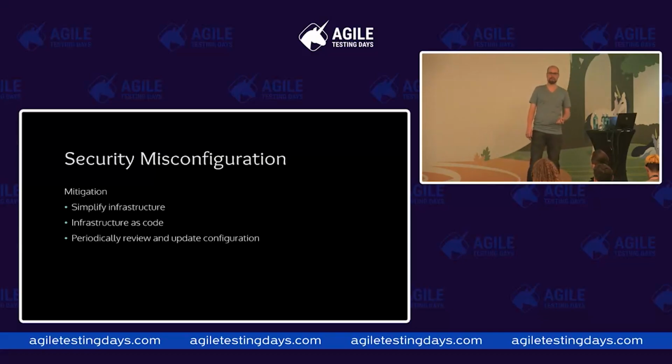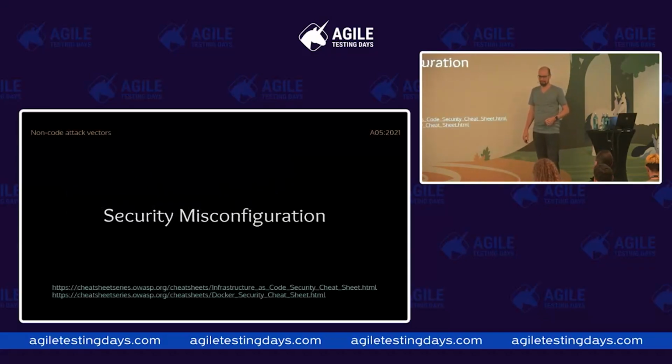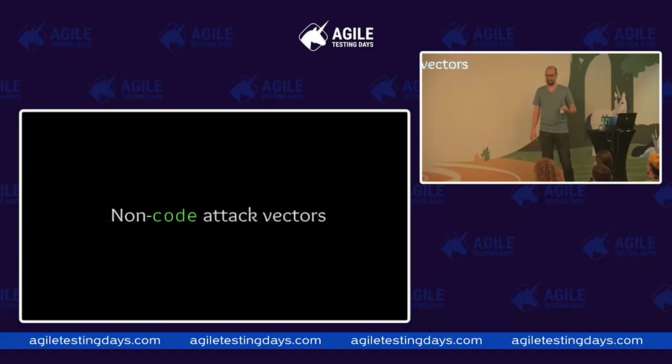Another thing we do as testers though, right? Just make sure the devs do. Infrastructure as code cheat sheet, Docker security cheat sheet. Docker is often used and can be very annoying to get right. That is the non-code attack vectors.